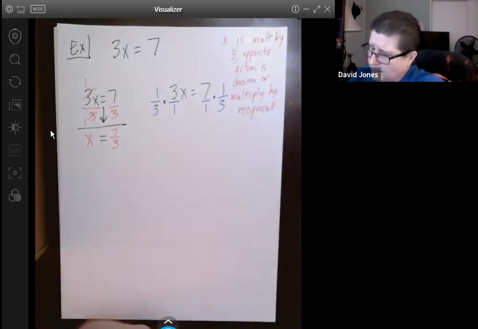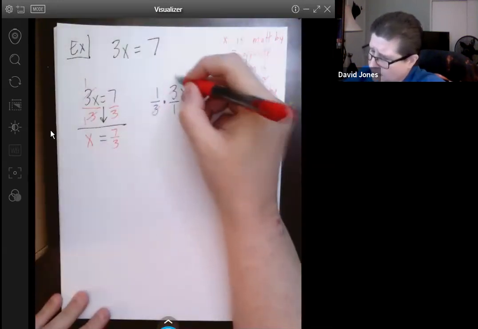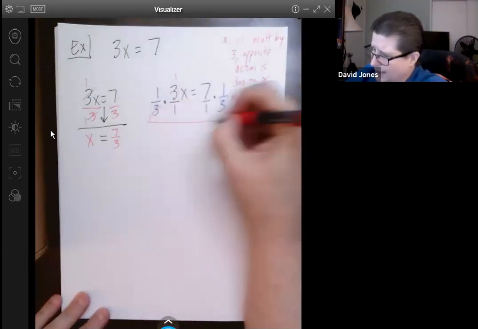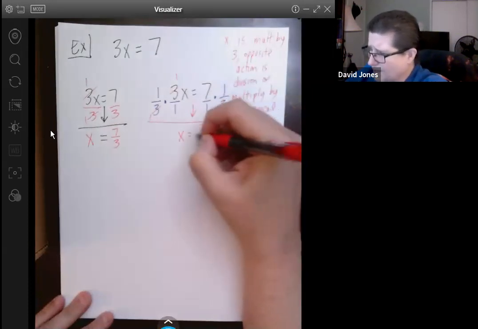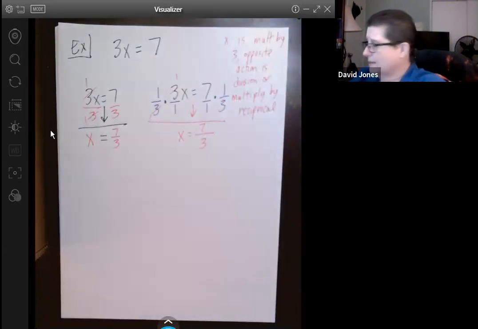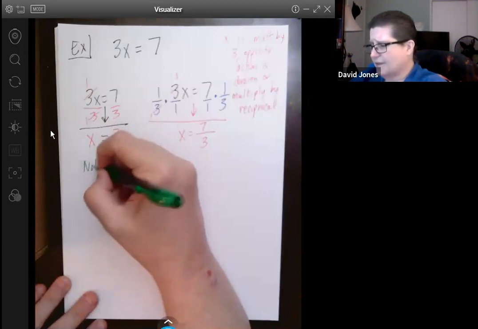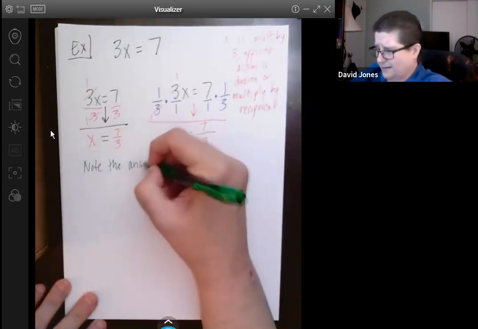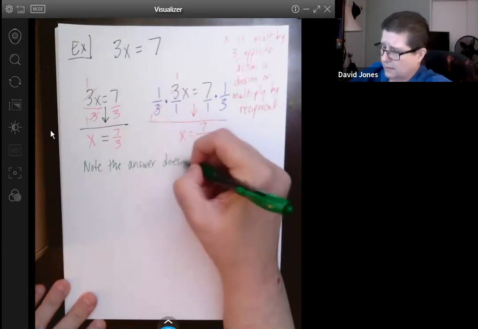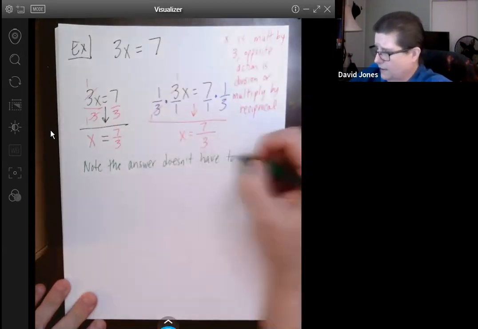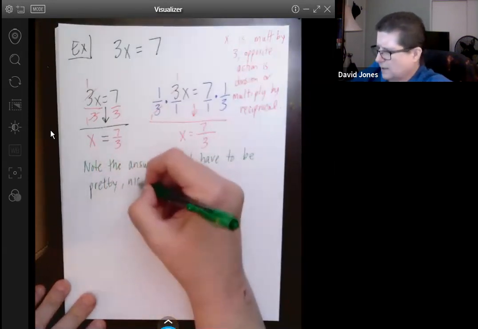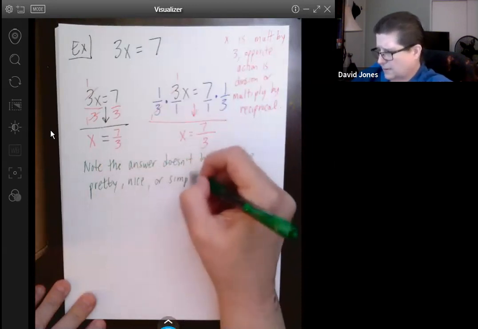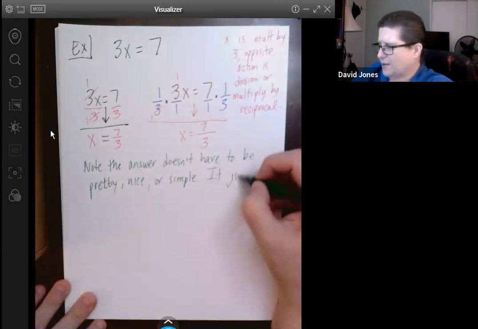Again, things on top and bottom cancel out, and I'm left with x on the left side. And on the right side, 7 times 1 is 7, 1 times 3 is 3, 7/3. Note, the answer doesn't have to be pretty, nice, or simple. It just has to solve the equation.